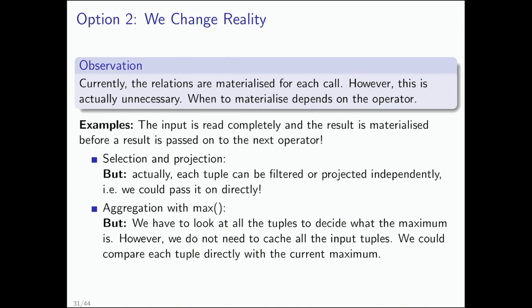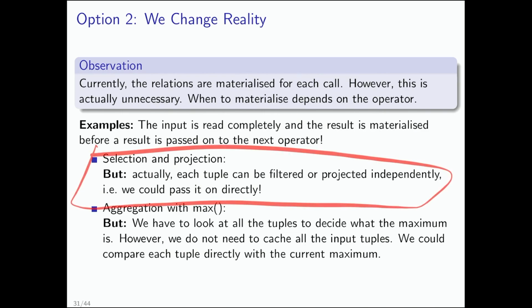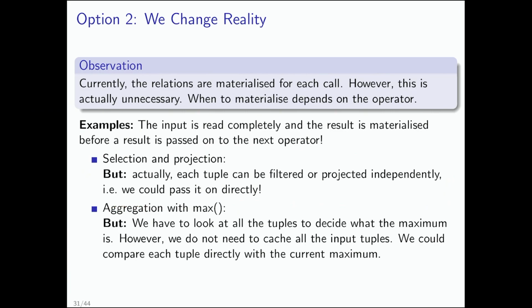And what you can in fact do, for many operations in a plan, you don't have to materialize the entire inputs. Very good examples are selection and projection. For a selection, to filter out, you can make a decision based on a single tuple. You inspect the tuple, and then you can make a decision based on the predicate, whether it qualifies or doesn't qualify.